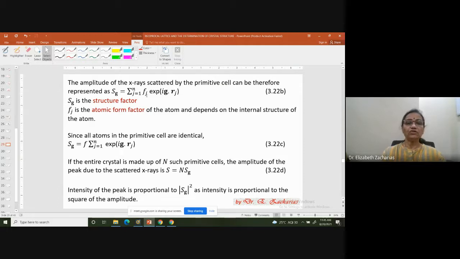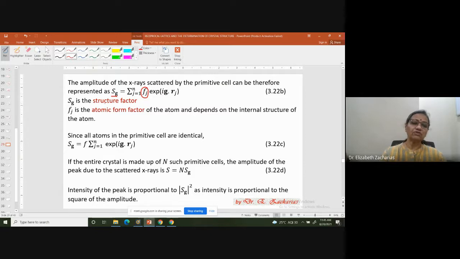I said it is going to contain this term. So now what will be the exact term? The exact term is therefore going to be Sg equal to summation of a factor Fj into this exponential iG dot Rj. This is all mathematics, okay? So let's just go quickly.